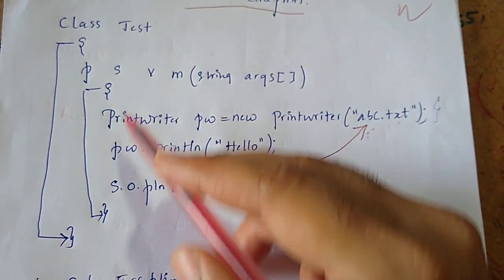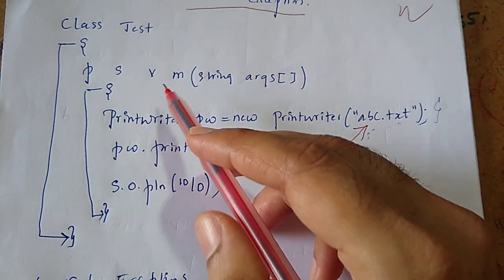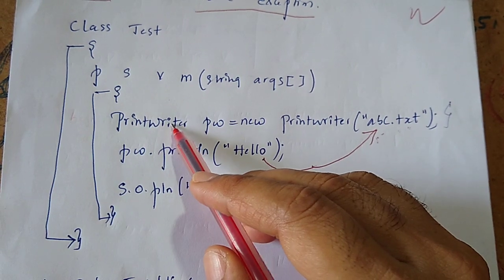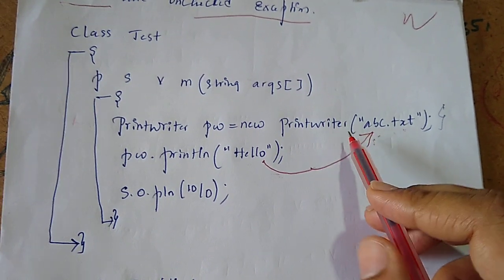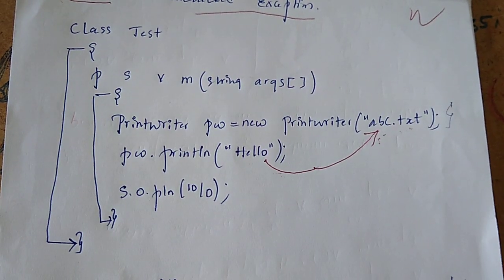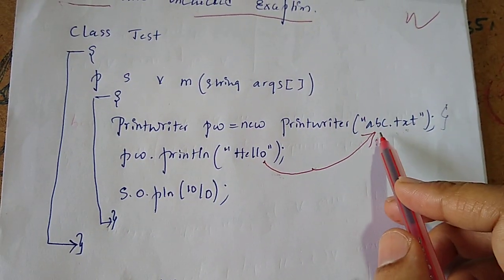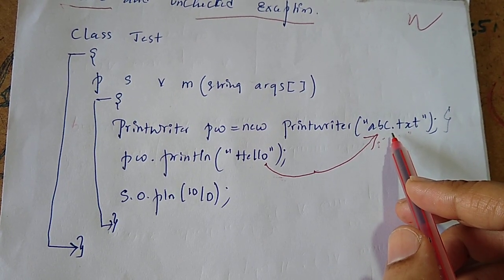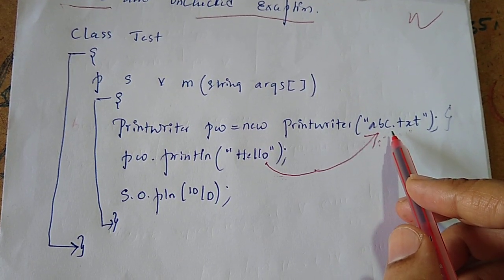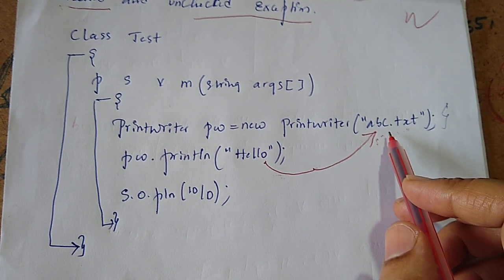Now if you compile this program, the compiler is going to throw an error at this particular line, stating that while running your program, your abc.txt may not be present or may not be found at the required location, so you may get a FileNotFoundException.